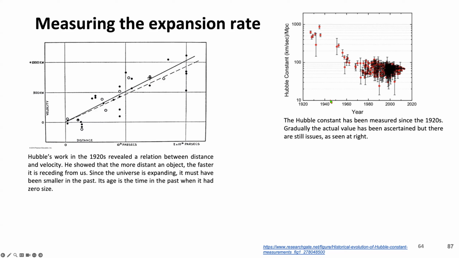And over the next 100 years, we have gradually made it better and better and better. And right now, 10 years ago, we had a number that's here. And so we've made great progress in getting the expansion rate in a way that Hubble tried to do with limited ability. The actual line that he should have gotten was this one.